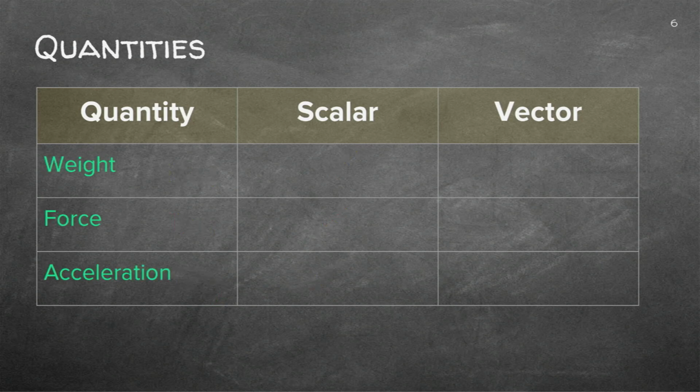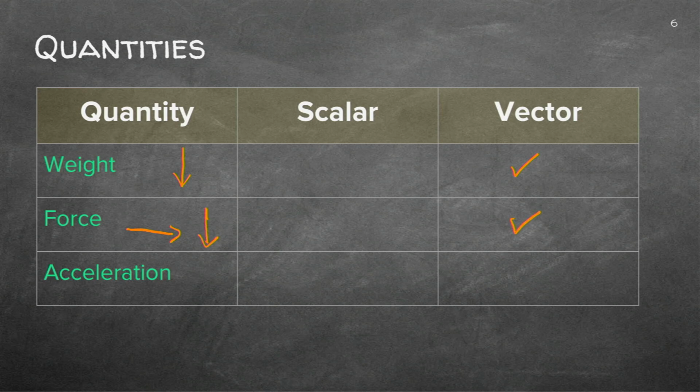Let's move on to something like weight. I didn't tell you in which direction, but you will learn that weight will always be downwards because I've got gravity, the earth pulling you down. That will be a vector because it's a certain direction. A force will be to the right, or a force will be south.